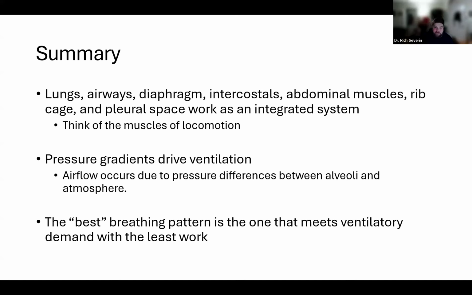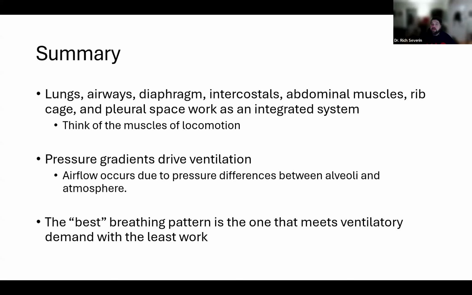Breathing is no different, and just like locomotion is controlled by a central pattern generator, the relative contributions of those different muscles change based on the demands imposed upon it. Just like when we switch from a walking gait to a running gait, right? That changes. Just like we do moving from a resting breathing pattern to a running breathing pattern.